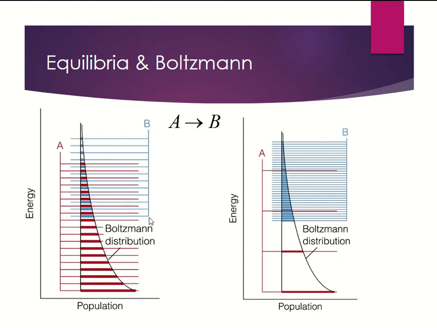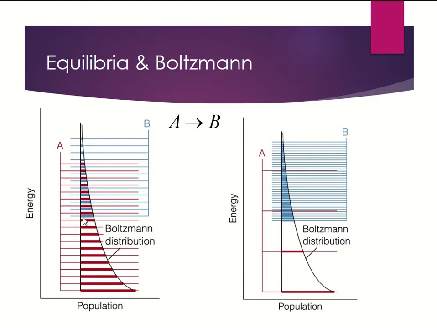Now this is an endothermic reaction because the products are at higher energy than the reactants. So we have an endothermic process in this particular case. So at the point of equilibrium we will have a Boltzmann distribution. If we merge the energy levels here in blue of the products with the energy levels of the reactants and then use the Boltzmann equation to calculate the relative population of these energy levels, this is a distribution we would get.